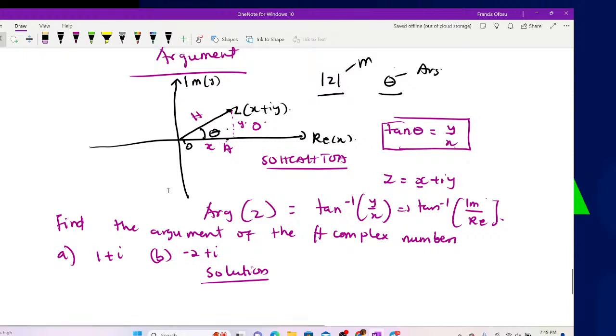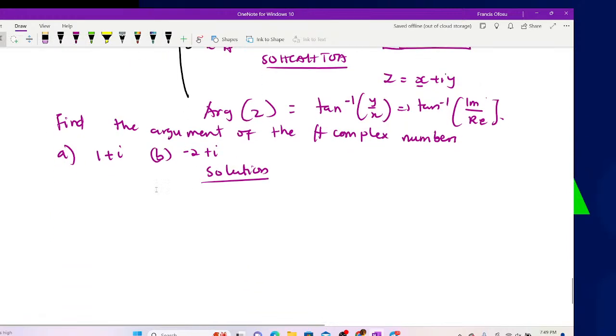If you are asked to find the arguments, simply say find arg of the complex numbers. For modulus, they'll just put the z into bars. Take note of that. So considering the first one, 1 plus i, the argument of 1 plus i, as I said, is equal to tan inverse of y on x, where y is the coefficient of our imaginary part.